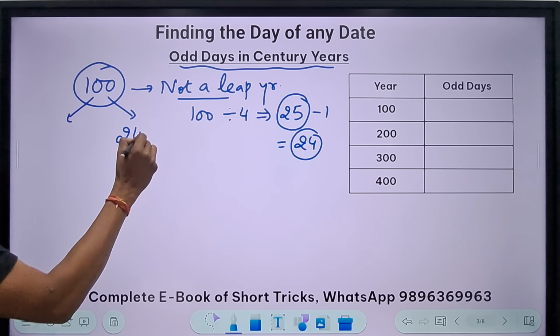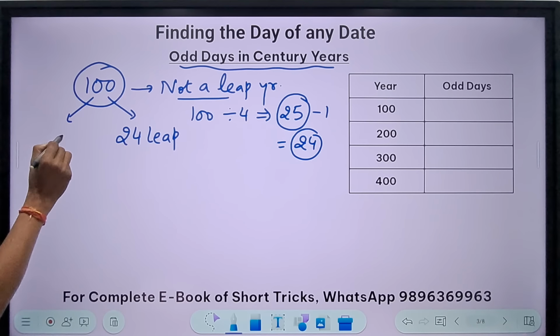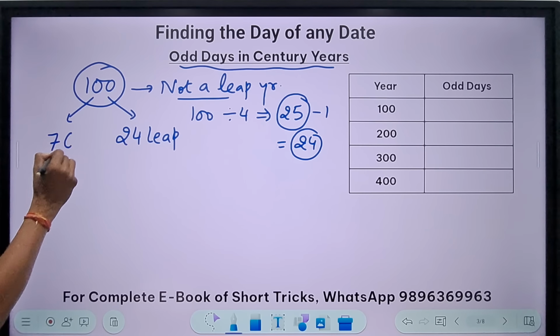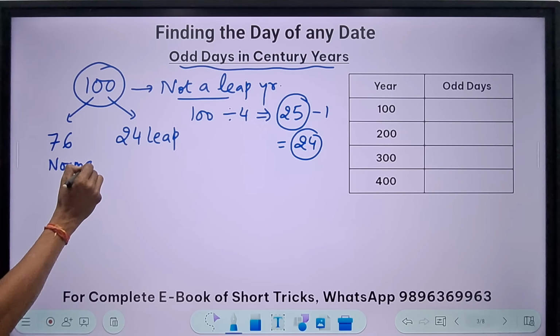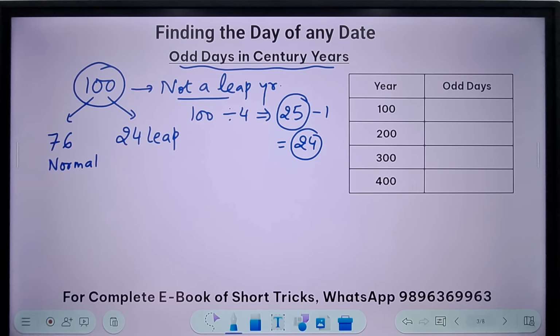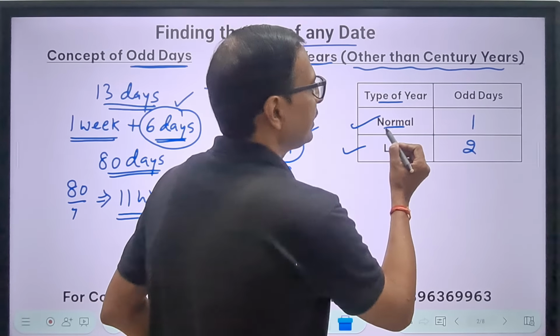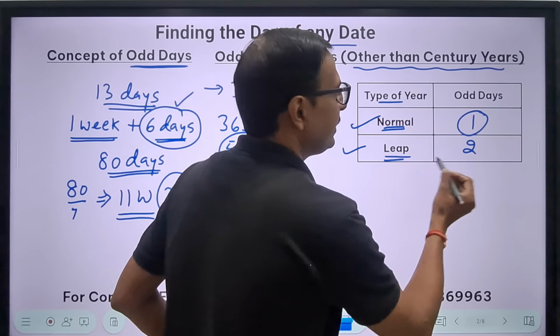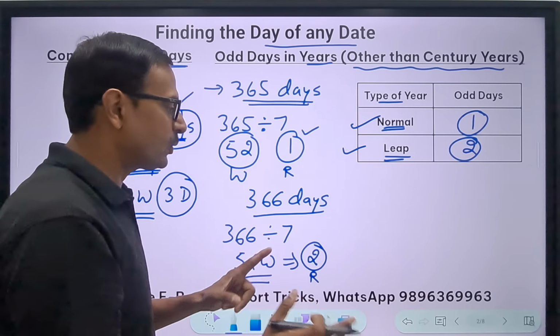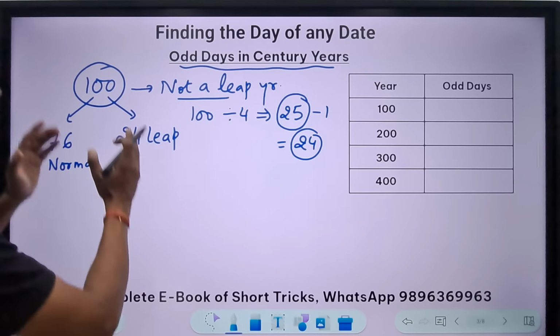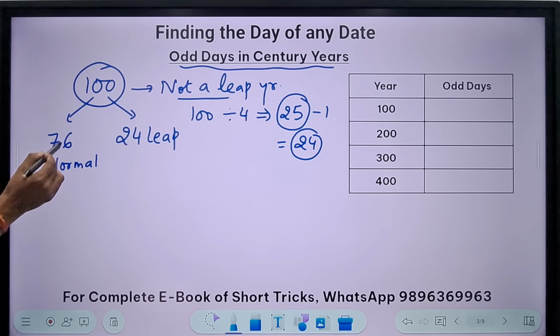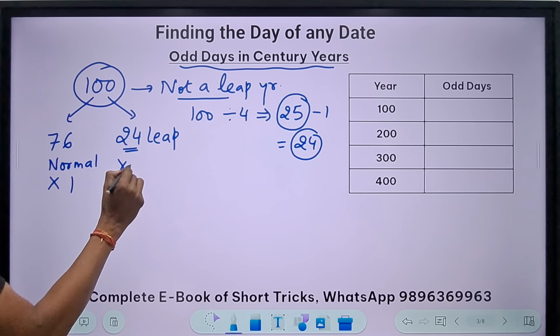So 24 leap, and the remaining 100 minus 24, 76 normal years. Now this is the first thing you should know, that in 100 years there are 76 normal years and 24 leap years. Now, previous slide I told you a normal year has 1 odd day and a leap year has 2 odd days. So let's calculate how many odd days are there in 100 years. So a normal year has 1 odd day and a leap year has 2 odd days.